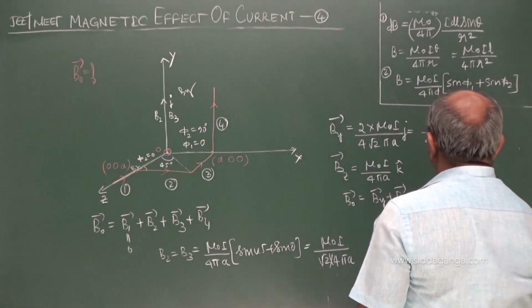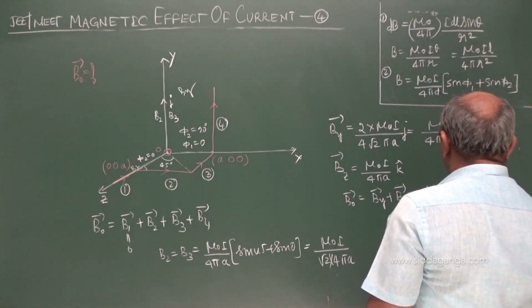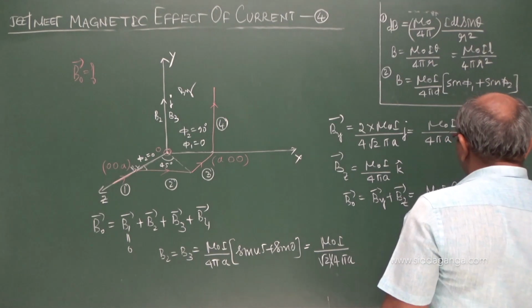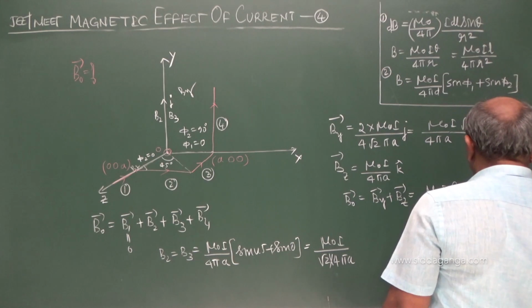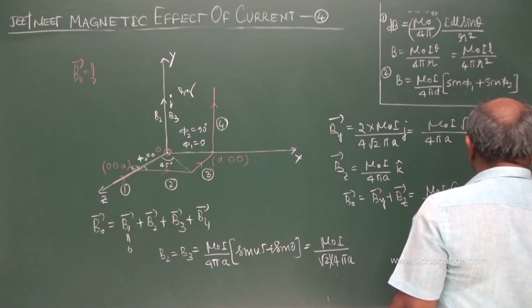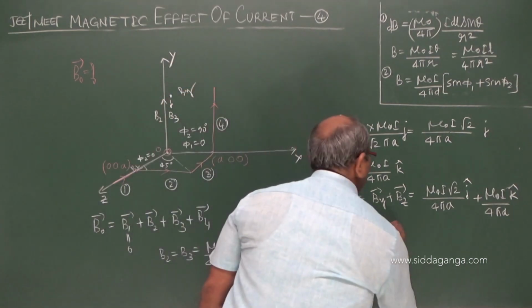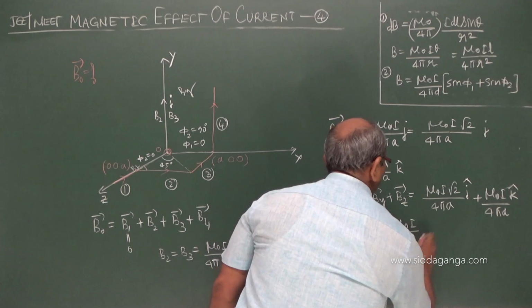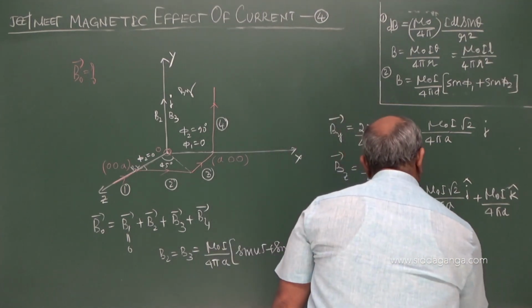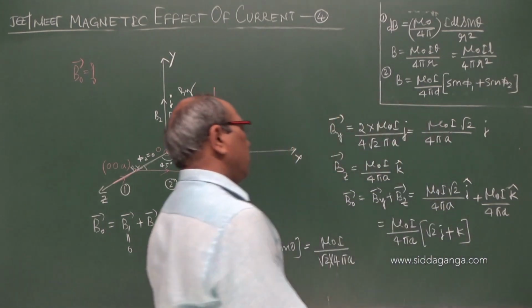Therefore, we have to add them: mu naught I root 2 upon 4 pi A J plus mu naught I by 4 pi A K. That is enough, we can stop, or you can write it by bringing out 4 pi A. If I bring out, root 2 J plus K may be the answer.